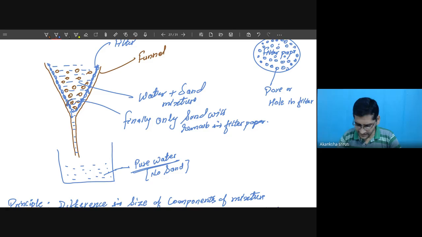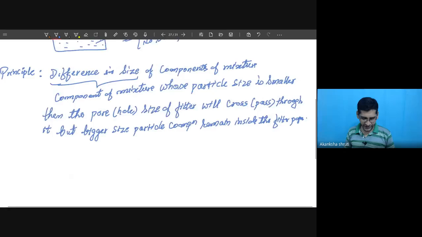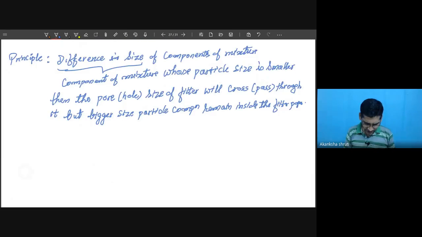Okay, this is the final. Means when all the water comes out, only the sand particles will be there, and if it is left for a few days, it will dry. So this is where it is used, that is called the application.